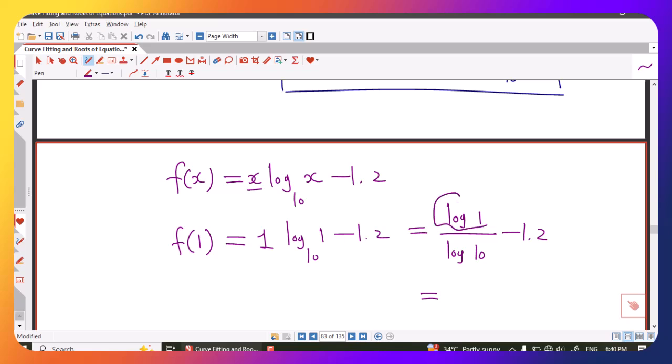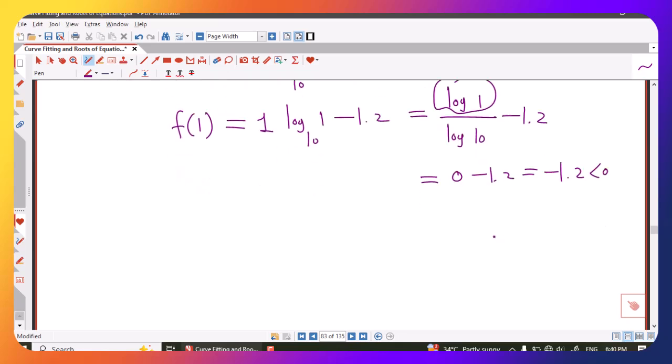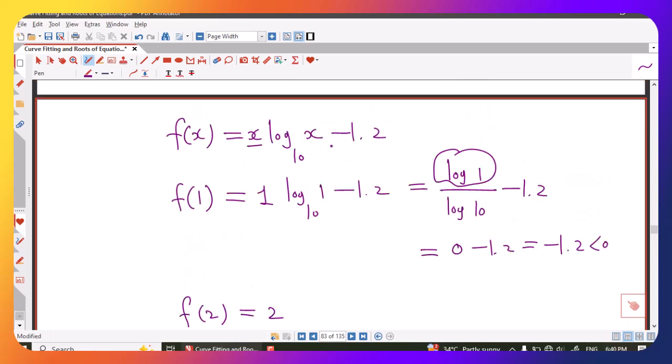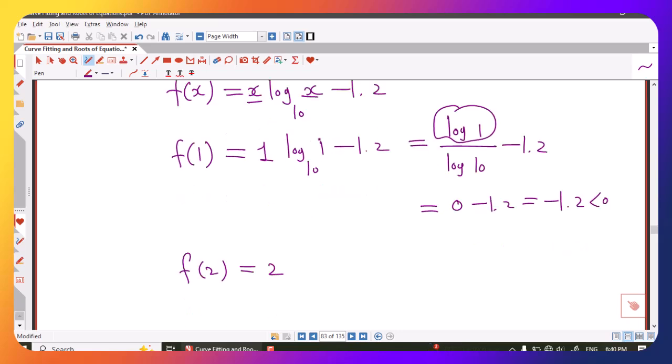Now this is natural logarithm, and we know that natural logarithm of 1 is 0. So what we obtain? We obtain negative value, minus 1.2. So we can try for x equal to 2.